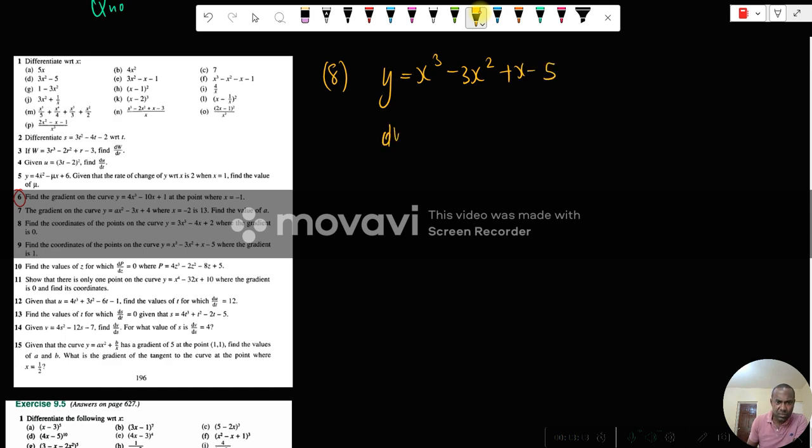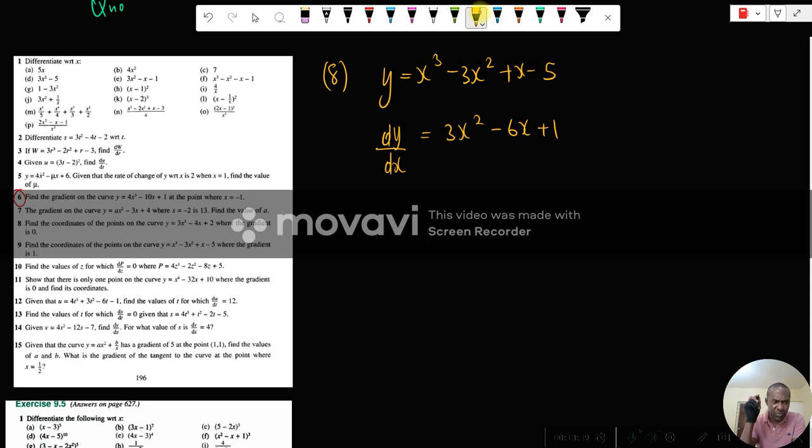We differentiate, so we get dy by dx equals 3x squared. Now at this stage, I'm going to start skipping some small steps when it comes to differentiating and multiplying. So 3x squared minus 6x plus 1. That is what we get for a gradient function.